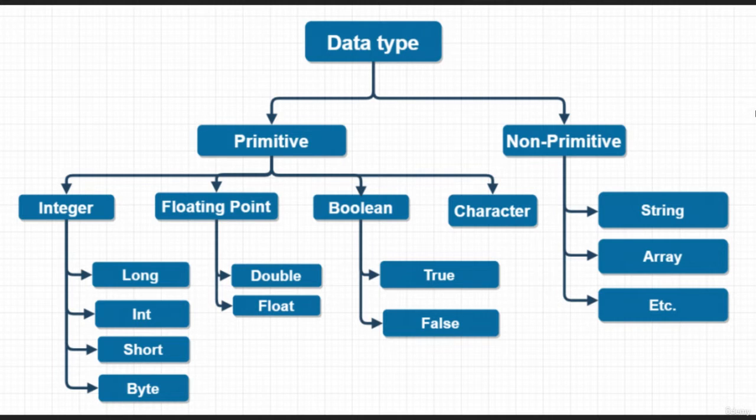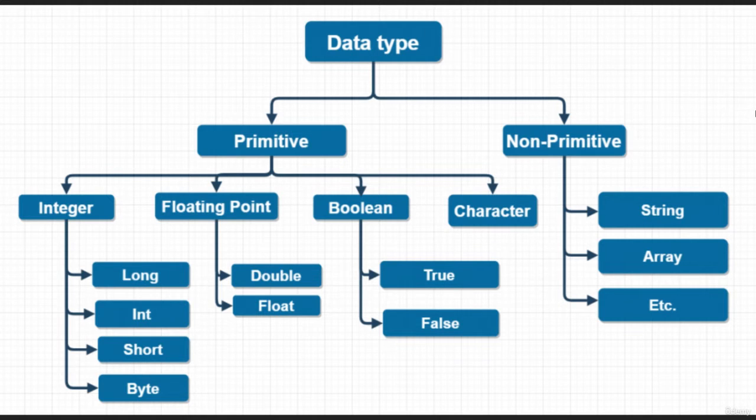So, the integer type contains long, int, short, and byte, and we will discover them in the next couple of minutes, how to declare these variables and how to create them. The floating points are double and float, for the decimal floats.